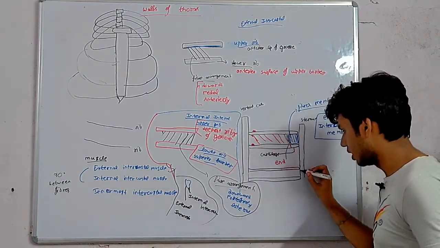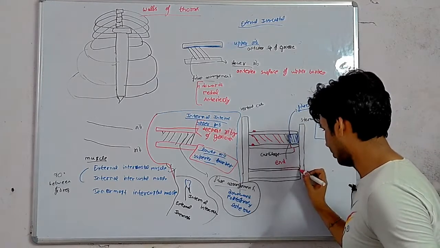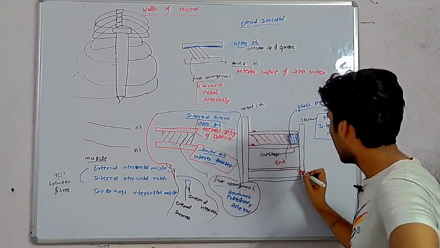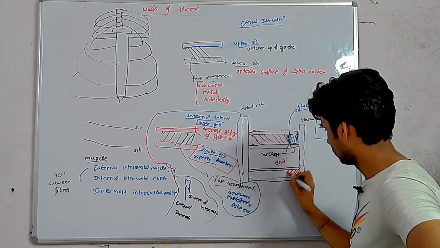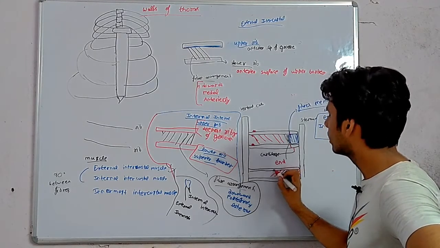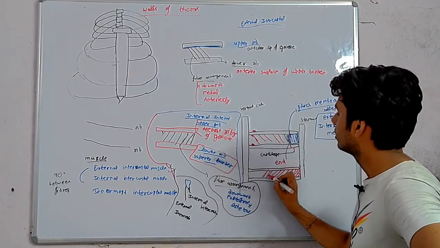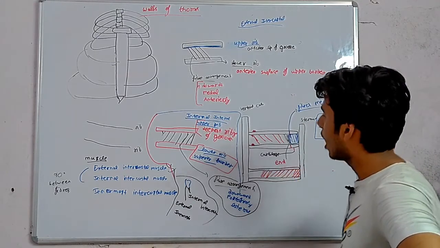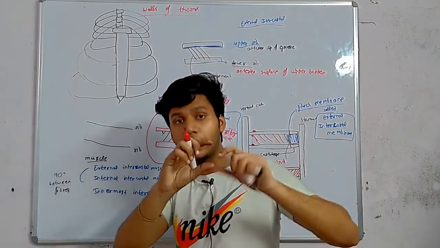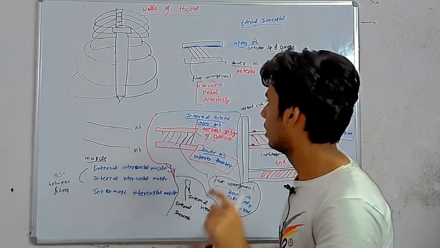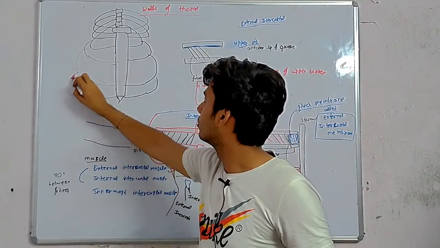It arises from here, external lateral border and rib anterior surface, costal cartilage, like this. It goes posteriorly and ends near the angle of the rib. Angle of rib means the point where the rib tilts, in the lateral aspect, like this point. Here it ends.